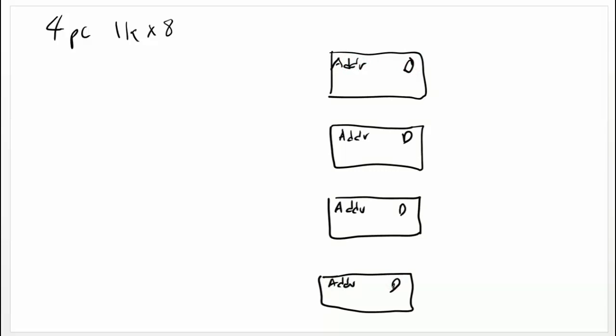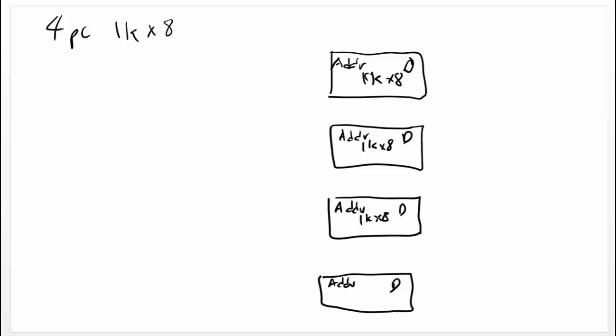Then you label each IC to be 1K. 1K means 1000 by 8-bit. You have to draw this better with your pen and paper.